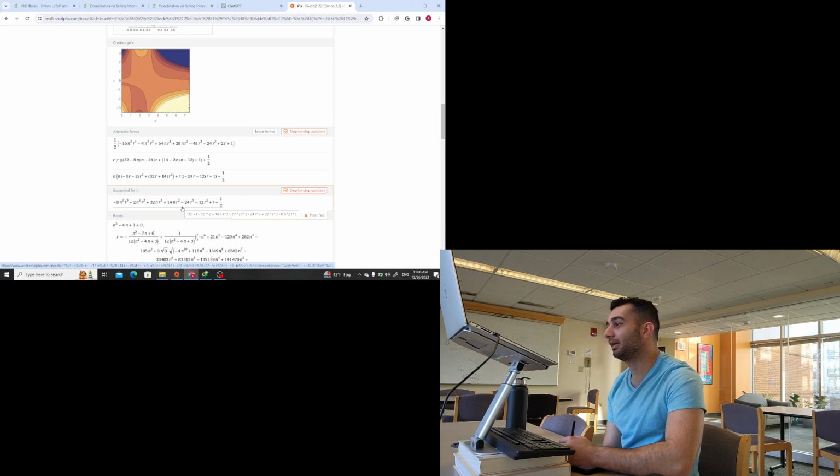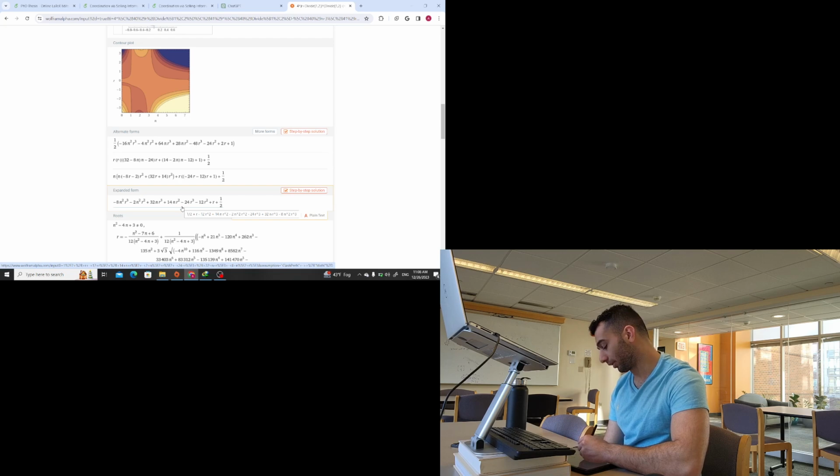Minus 32n r cubed, 14n r squared minus 24 r cubed. Honestly, it's just a waste of time. r squared plus r plus 1/2.